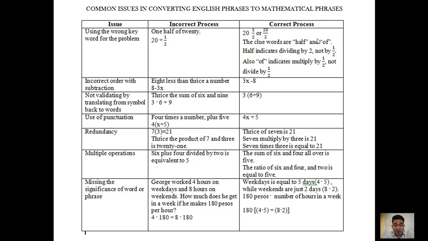And 8 hours on weekends. We have 2 days on weekends, Saturday and Sunday, and he works 8 hours for each of the 2 days. So that's 16. So you'll have 20 plus 16, that's 36, times 180 pesos per hour. That is the total money that he gets in a week.